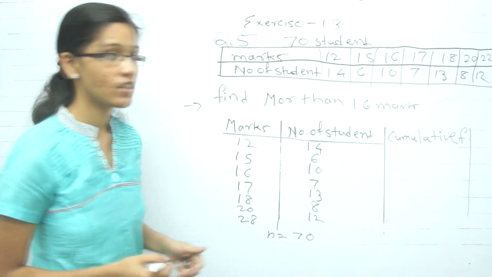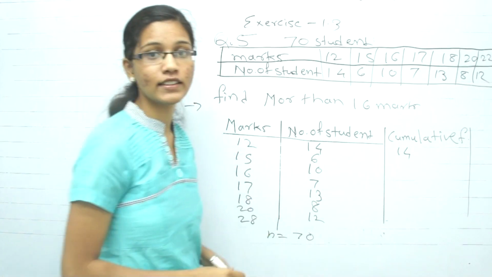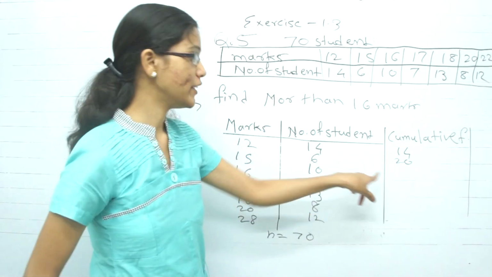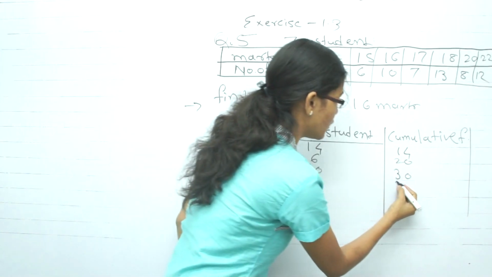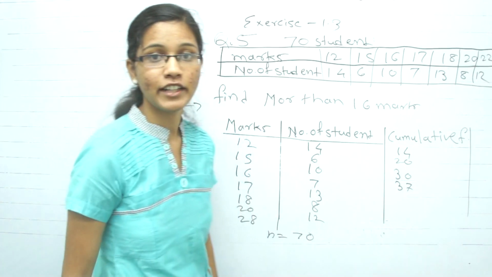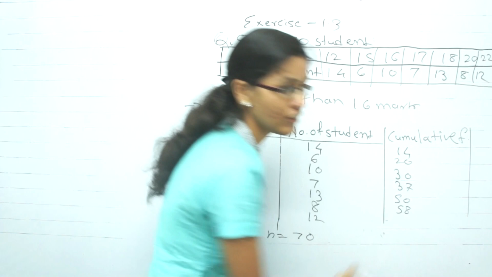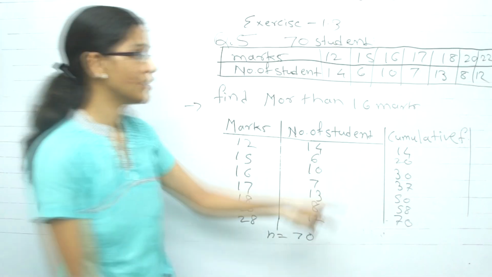How do you find it? You put the 14 here. 14 plus 6 is equal to 20. 20 plus 10 is equal to 30. 30 plus 7 is equal to 37. Then 50, then 58, and then 70.